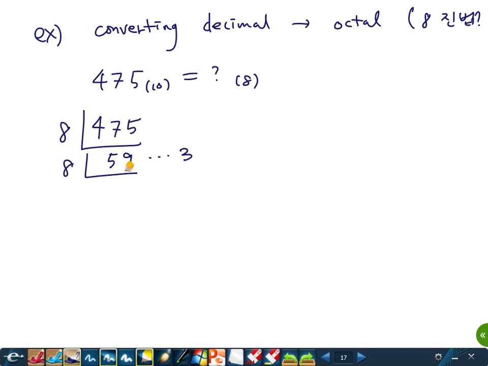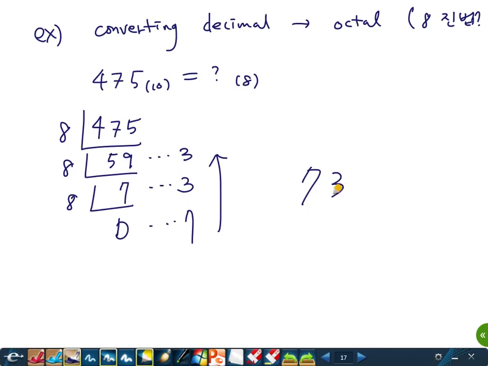Now 8 times 7 equals 56. Is that right? Remainder 3. Then 8 goes into 7 zero times, remainder 7. So you just read this backwards. That means 7, 3, 3. It always works.